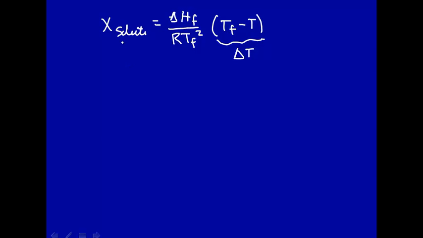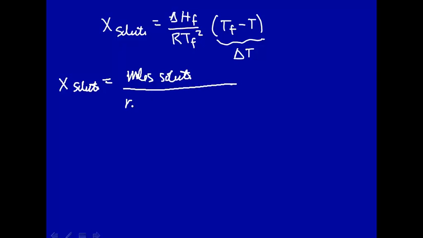We need to convert the mole fraction of the solute into molality. We did that once before. Let's do it again. So the mole fraction of the solute is equal to the moles of the solute divided by the moles of the solute plus the moles of the solvent.